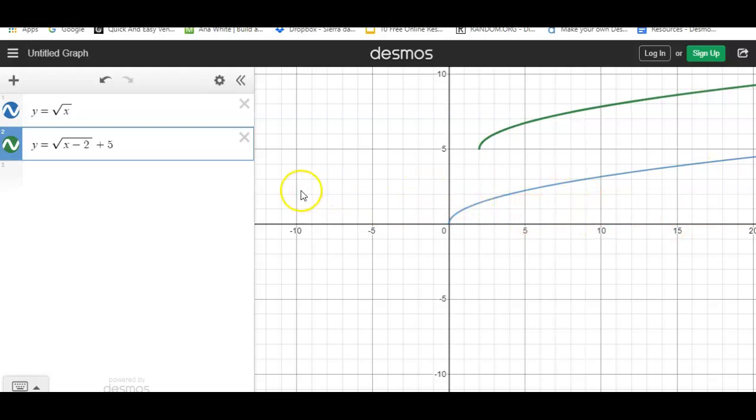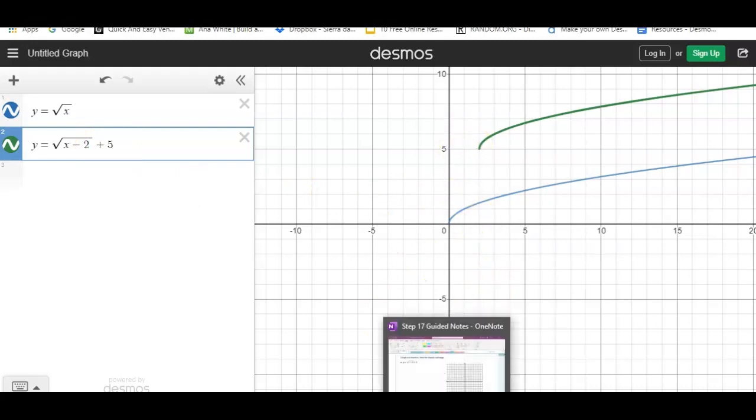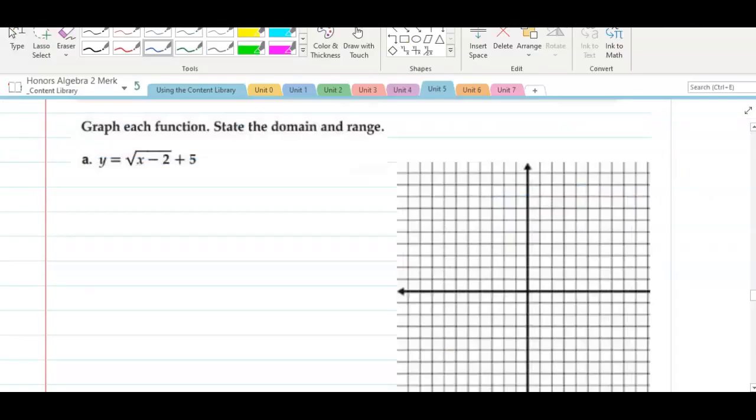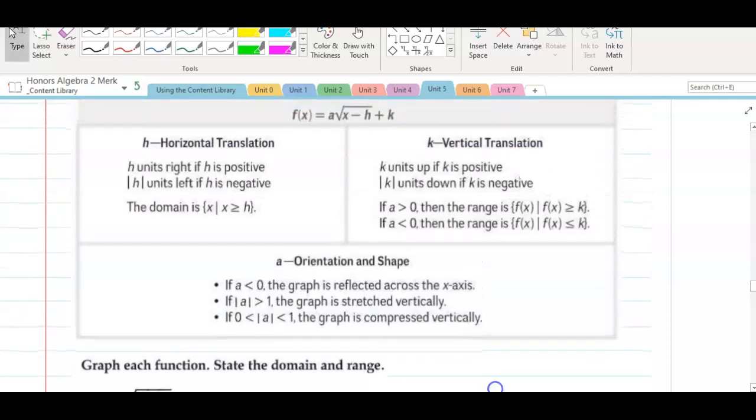It controls whether it goes left or right. The number outside the radical controls if it goes vertical, up or down. And vertical is very intuitive. If you add a number, it's going to go up. If you subtract a number, it's going to go down.